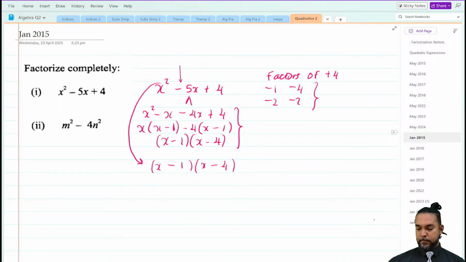So, and that means... So this angle right here, they found it.